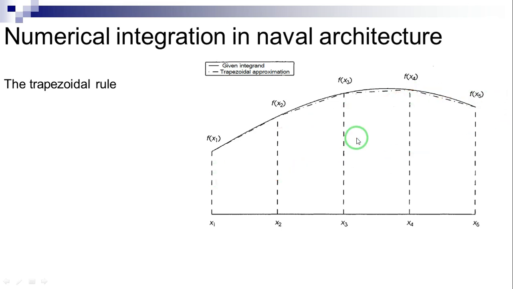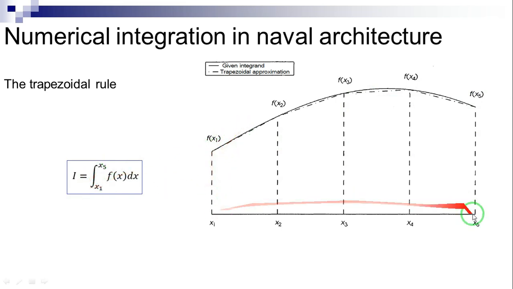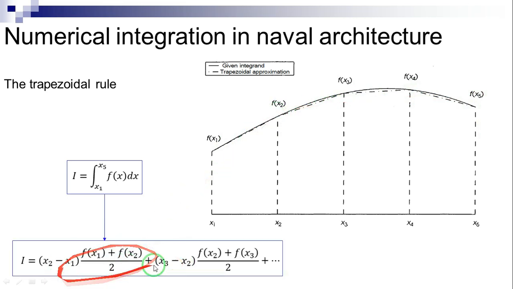Then the integral of the function, which represents the area under the curve f(x) between x1 and x5, can be approximated as the sum of 4 trapezoidal areas, which are obtained by connecting f(x1), f(x2), f(x3), f(x4), and f(x5) by straight line segments, the dash-dotted line as we can see here, as shown in this figure.